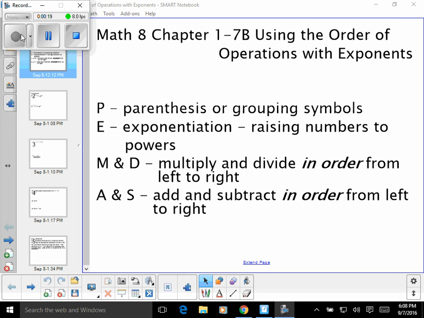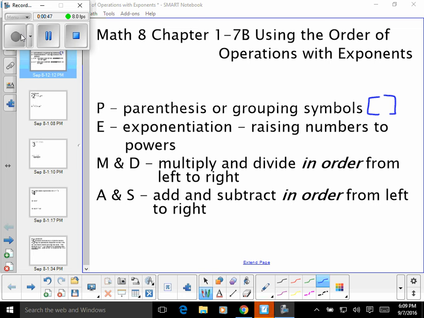Just to review the order of operations, or PEMDAS, parentheses or grouping symbols are always done first. Remember that grouping symbols may also include brackets, and possibly even absolute value symbols, although this lesson probably won't have too many absolute value symbols.